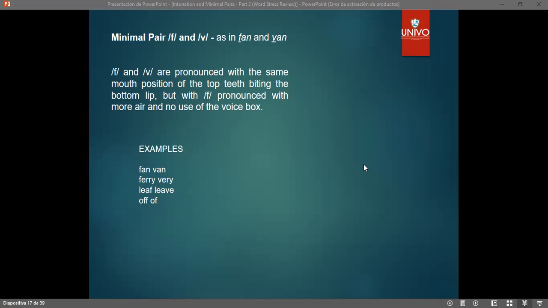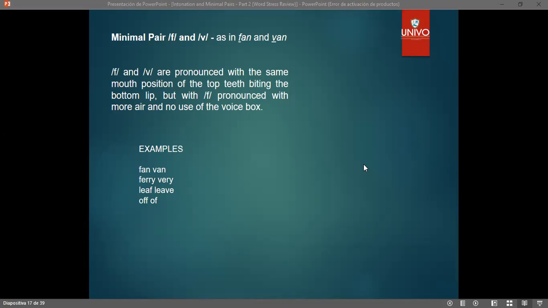Very good. Si notaron la pronunciación de la compañera, que es correcta, hay que tener cuidado con esto, ¿verdad? Yo he escuchado a mucha gente que dice, a los dos les dice off, y eso no es así. La primera sí va a ser off, ¿ok?